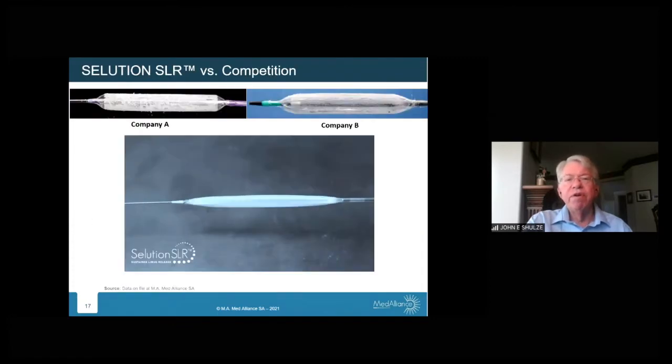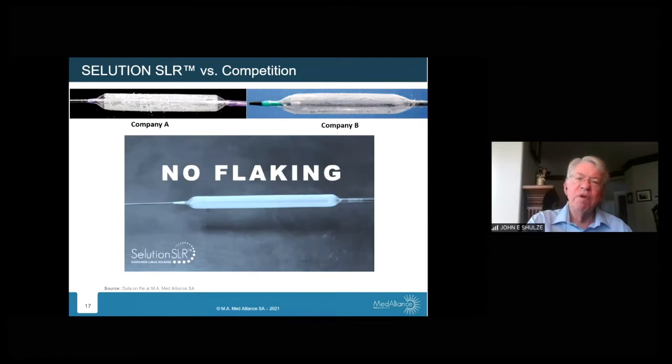So the microreservoir technology produces a coating which is very smooth and supple. And I think this is one of the very important side advantages of using these new lipid-based coatings that we use on Selution. It doesn't create these large flaking particles that can go downstream and embolize into the downstream coronary vascular beds.